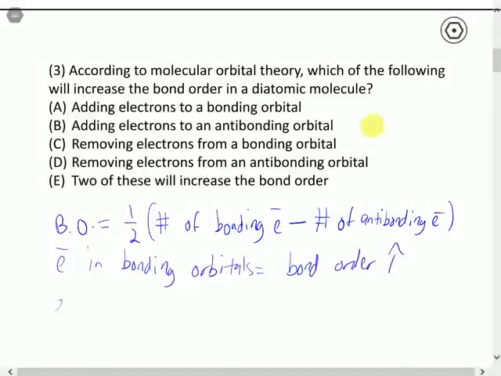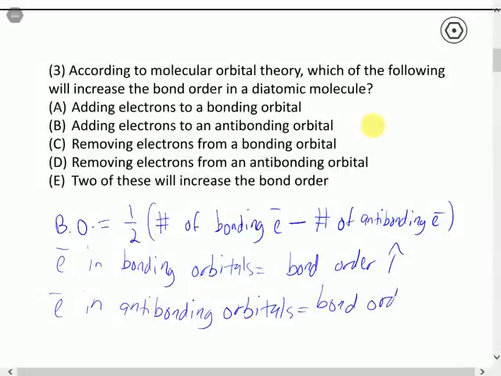And if you put electrons into anti-bonding orbitals, that corresponds to a decrease in the bond order. The bonding orbitals are the ones that are lower in energy and that bring the two atoms together. The anti-bonding orbitals are higher in energy than the atomic orbitals, and they push the atoms apart and decrease the bonding between them.